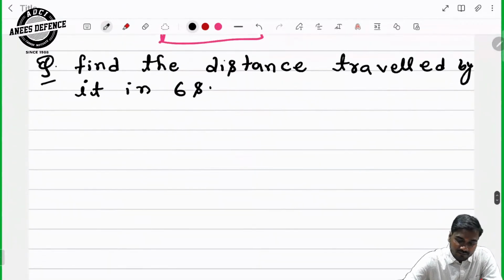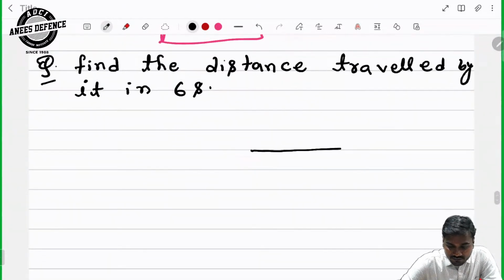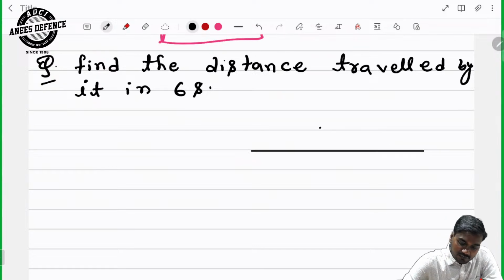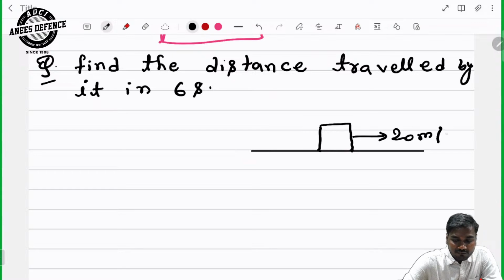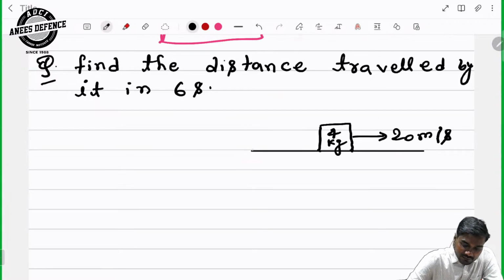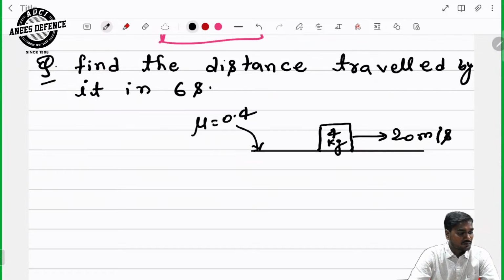Okay. And the diagram is given. Another object. Velocity is given as 20 meter per second. Mass is 4 kg. And the coefficient of friction of the surface, mu, is 0.4. Right? So time is given, so you have to calculate the distance.